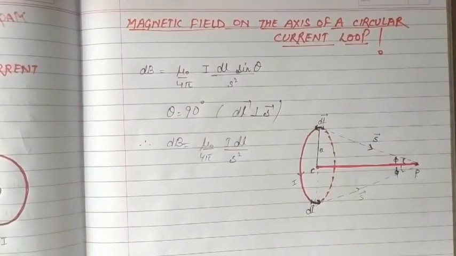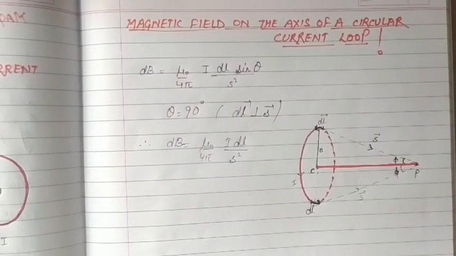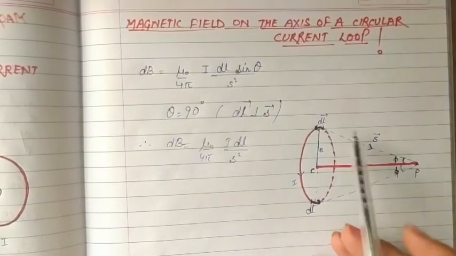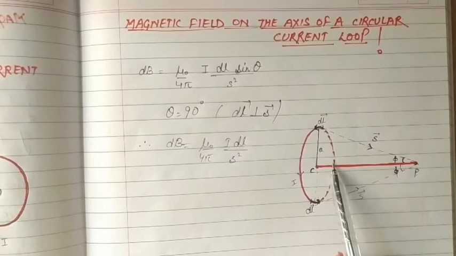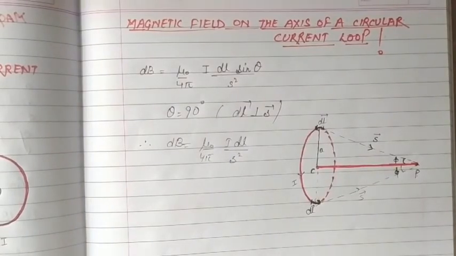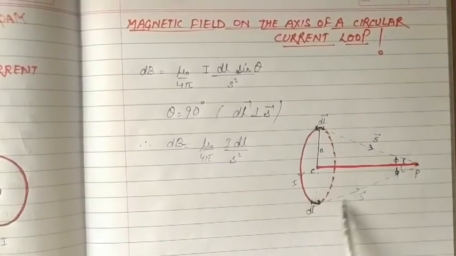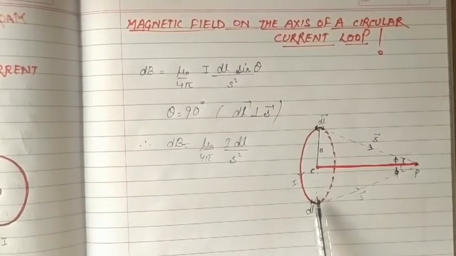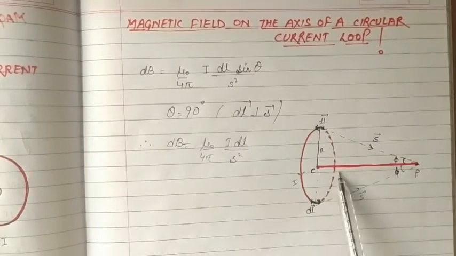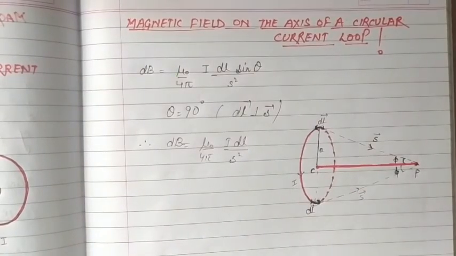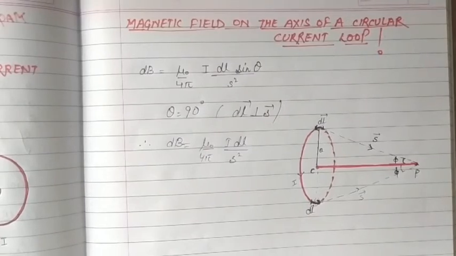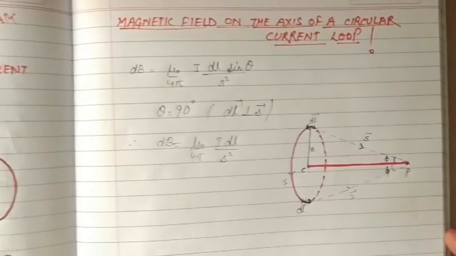Now we are going to talk about the direction of the magnetic field. So the field dB vector actually lies in the plane of the paper, right? When we consider the loop in the plane of the paper, then the direction of dB we get is perpendicular to the plane. But right now we are having the loop perpendicular to the plane already, meaning the loop is perpendicular to the plane of the paper. So the magnetic field we get at point P will be in the plane of paper and is perpendicular to s vector.